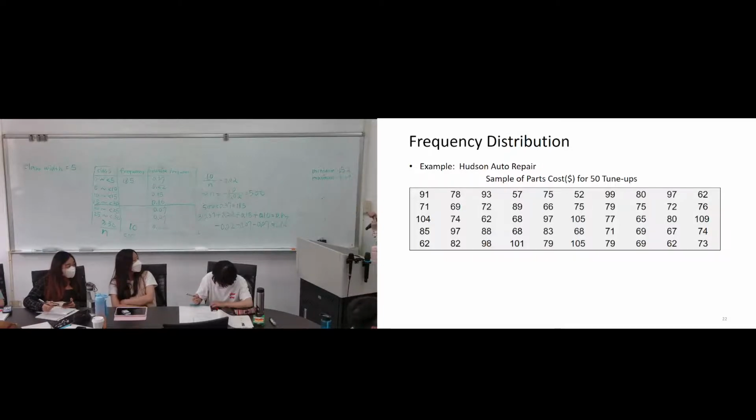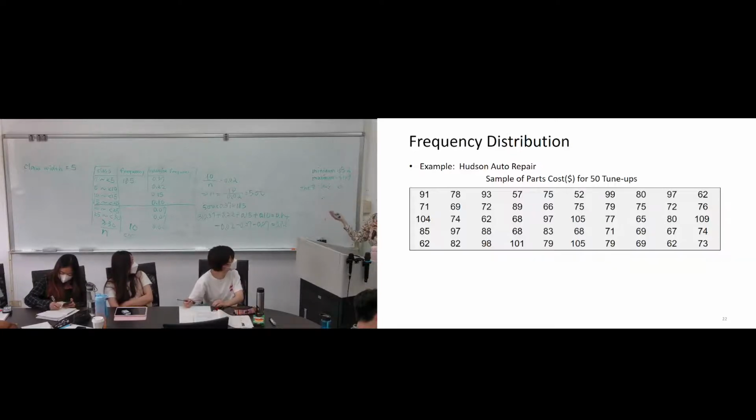If we would like to determine the number of classes as 6, then we can use the formula to find the class width, which is the maximum value minus the minimum value. So 109 minus 52, divided by 6.